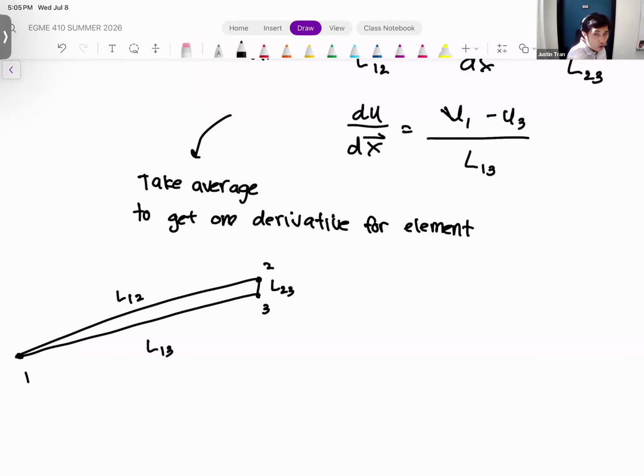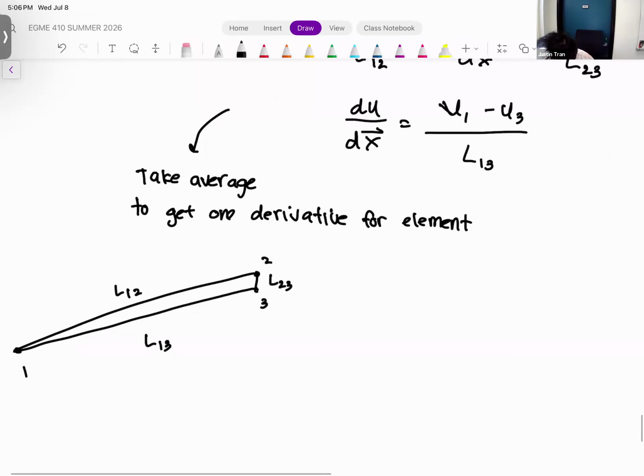So we have two lengths, L12 and L13, which are much larger than L23. Okay. So I'm not going to write out the full expressions for these again, right? But you can imagine that if we were to take the finite difference approximations of the derivatives, the derivative between 2 and 3 is going to be uncharacteristically large or disproportionately large.